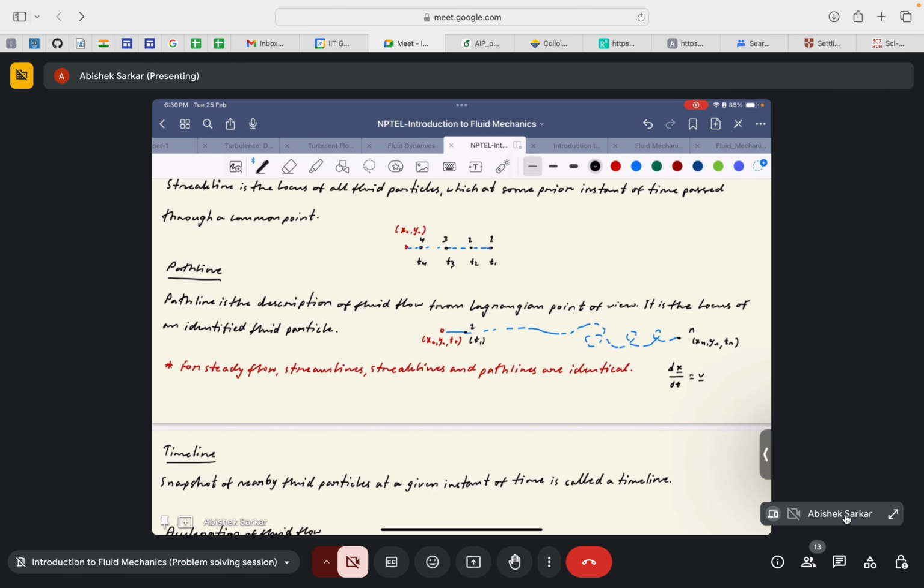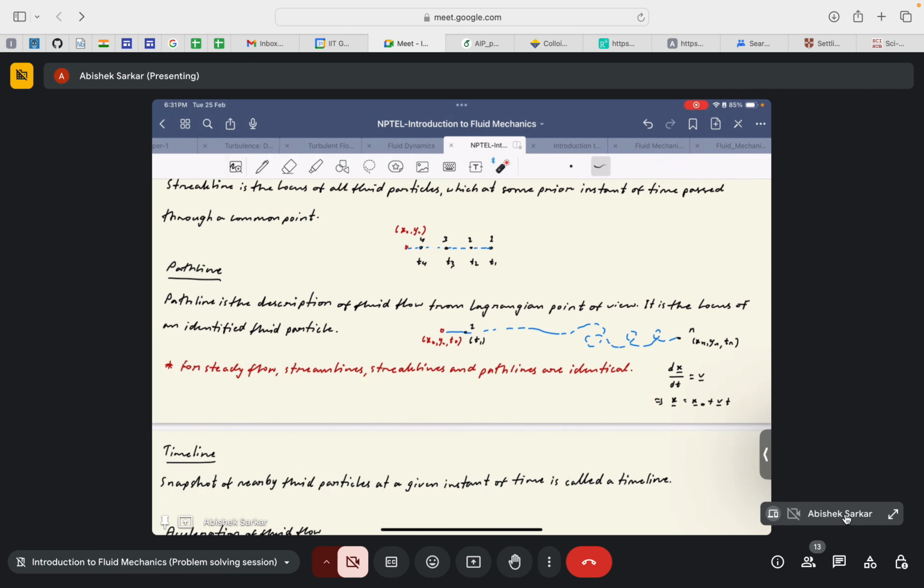So if you are doing an integration using the Euler method, x, the instantaneous location of the particle, would be given by x naught plus v into t. This is your final position of the particle, this is the initial position, and this is the velocity of the particle with which it has traversed for this particular instant of time. So this is the governing equation for the path line.